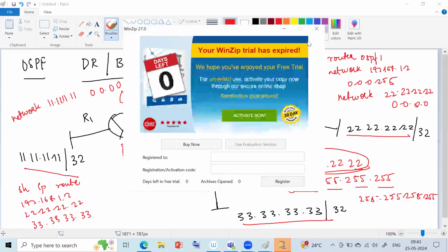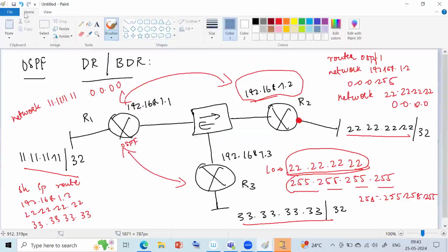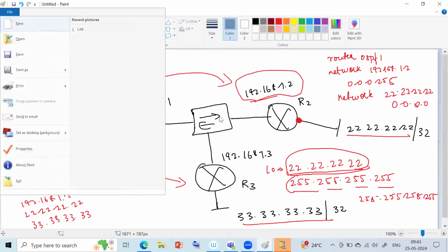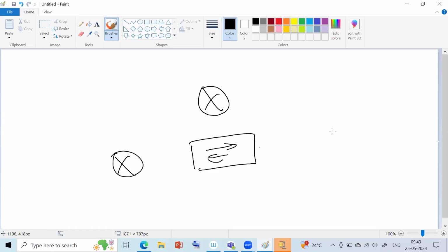Yes. Okay. Now, moving on to the concept of DR and BDR, we have routers and switches. You saw in the last diagram that I had written R1, R2, R3.